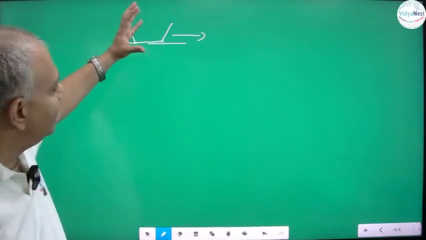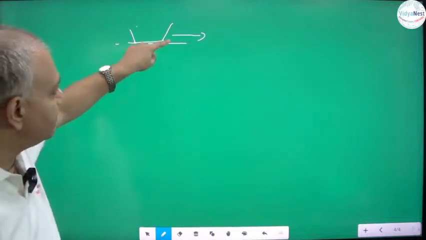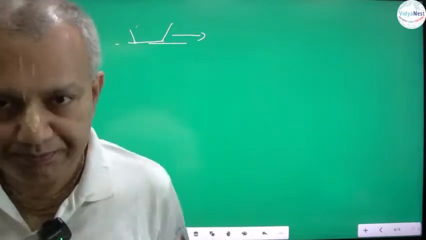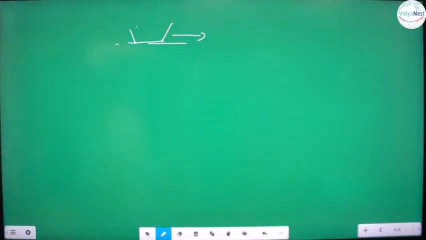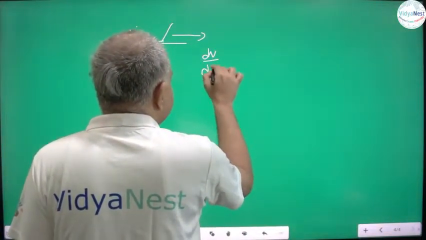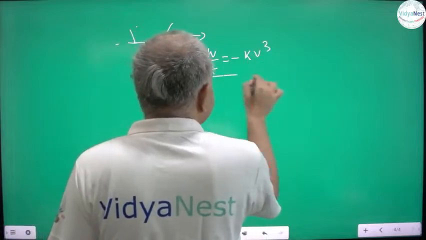Immediately its acceleration stops. There is no acceleration naturally, but some friction exists in the water, so retardation starts. That retardation can be written as dv by dt is equal to minus kv cube, like this it is given.